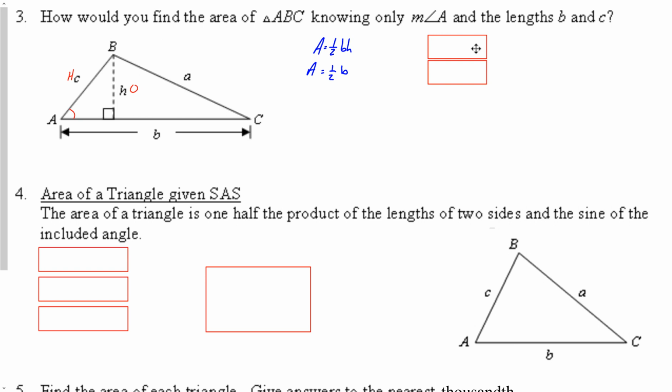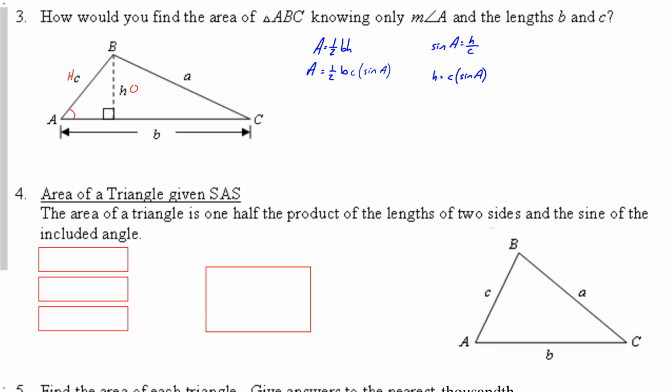This again involves right triangle trigonometry. We'd be able to set up that the sine of angle A is equal to the height over the side C in this case. So now what this results in is, because we know side C and we know angle A, the height would be those two values, C and the sine of A, multiplied together. And that's what we're actually able to plug in for h. We're just using substitution.